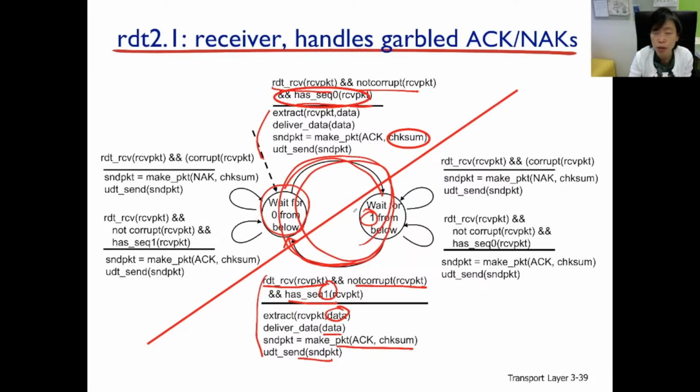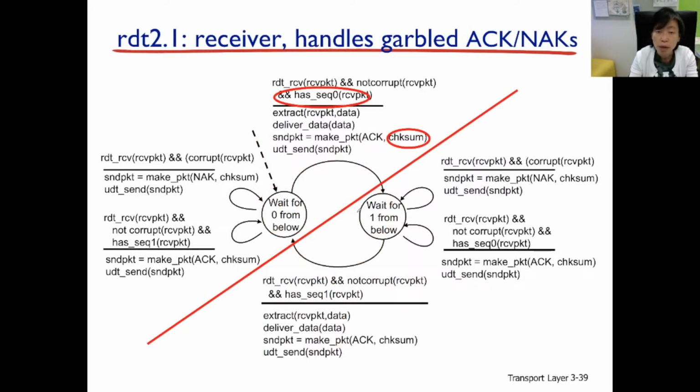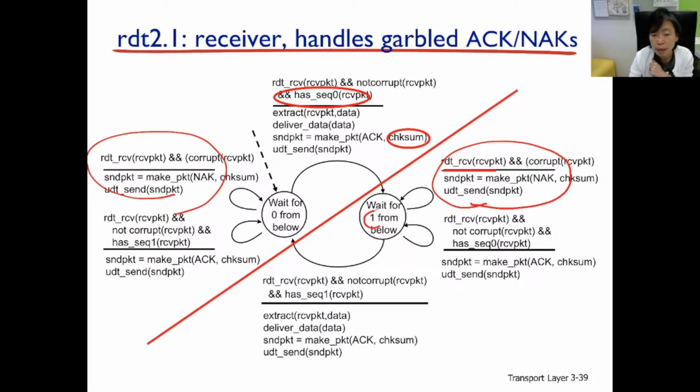And that is when there's no data corruption, and when there's no ACK/NACK corruption. Now, what if there's data corruption in RDT 2.0? Yeah, that's where we begin to see these transitions showing in the receiver side of RDT 2.0. This is the case when we are expecting 1, but we get the corrupted data.